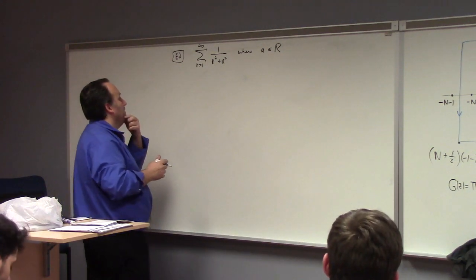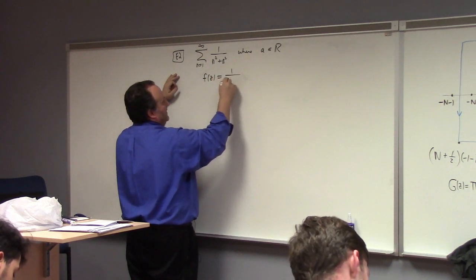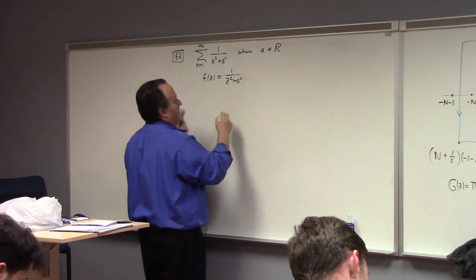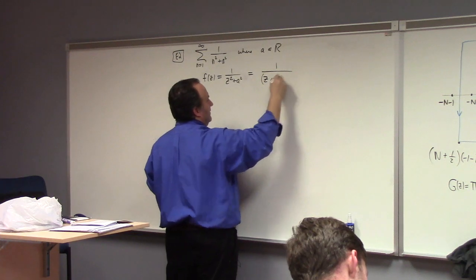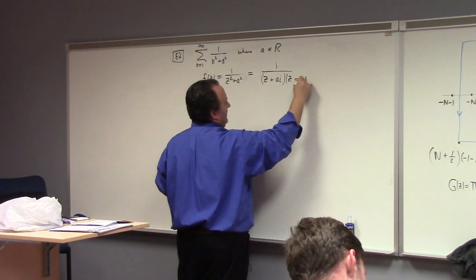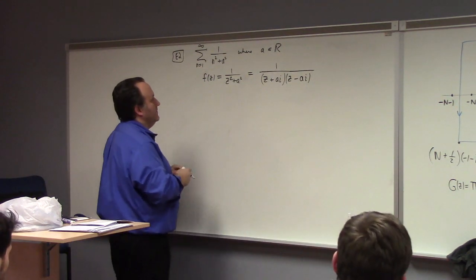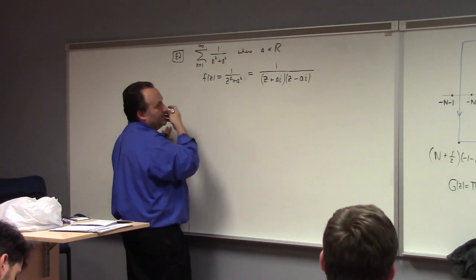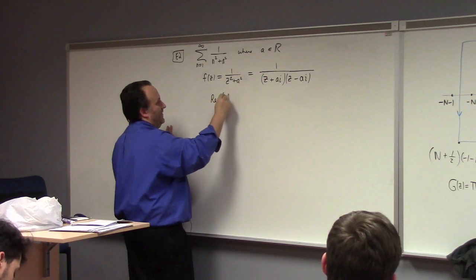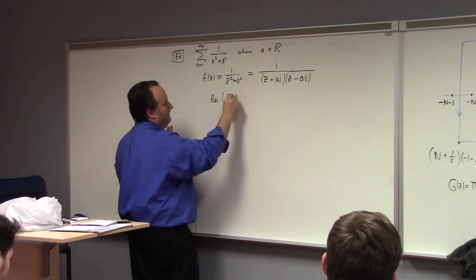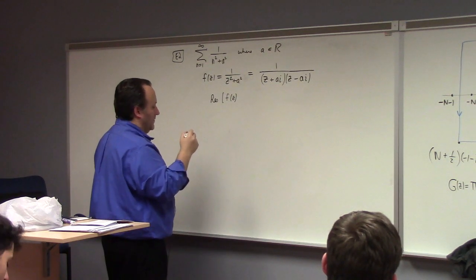So here we think about f of z equal to 1 over z squared plus a squared, right? And of course that's 1 over z plus ai, z minus ai. And so the residue of f of z, oh, hold on a second.